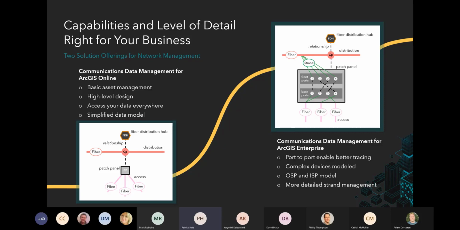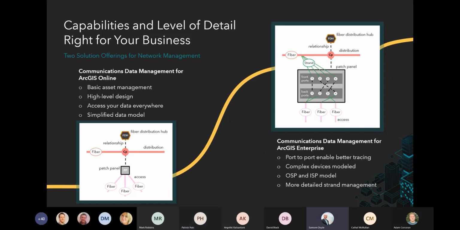So being able to do tracing on the network and have that true network management system. So whether you are just getting started or looking to deploy something to do some high-level designs, or you want to start leveraging a more robust system, complete engineering and design, there's multiple flavors to get you going that can then light up the rest of that wheel, as we'll see here.